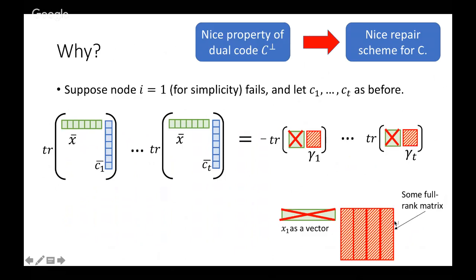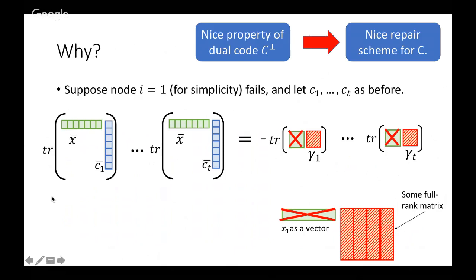So this bunch of bits here is just x1 treated as a binary vector times some full rank matrix over F2. The full rankness is because that was my assumption in my definition of the nice property. Does this make sense? Yes. Good. OK, and now I'm going to do the same thing on the other side.